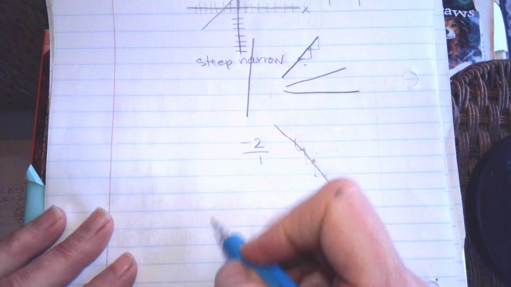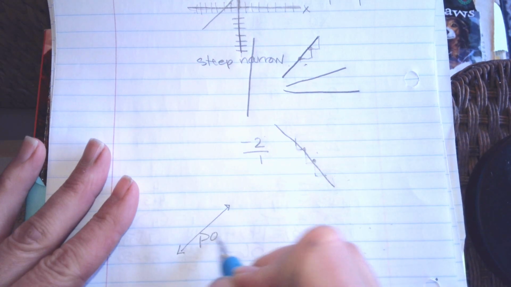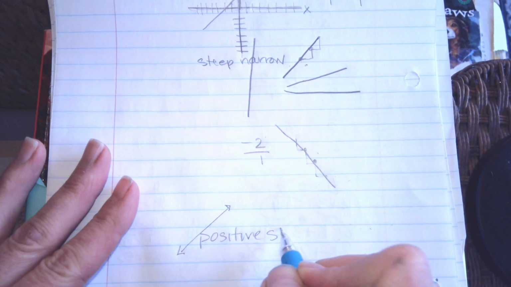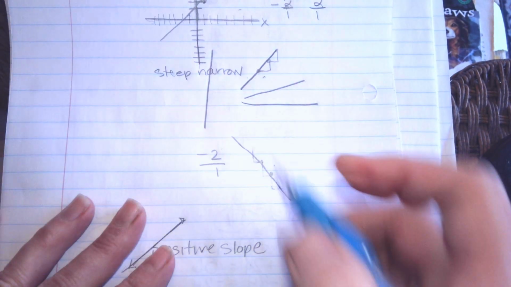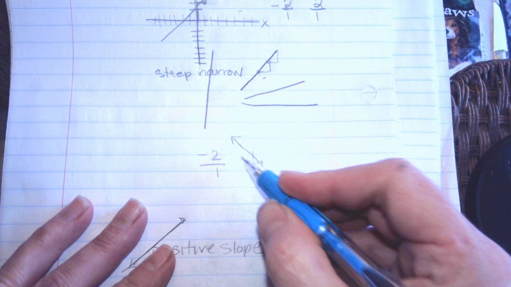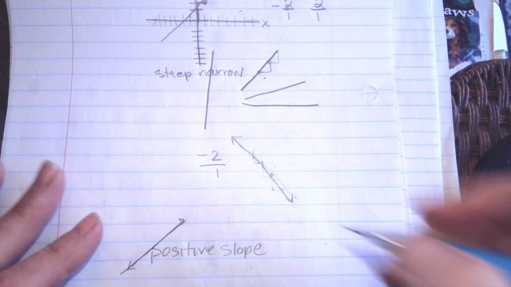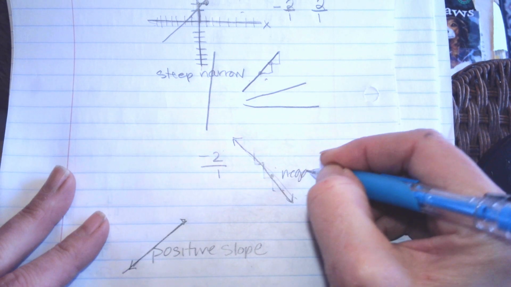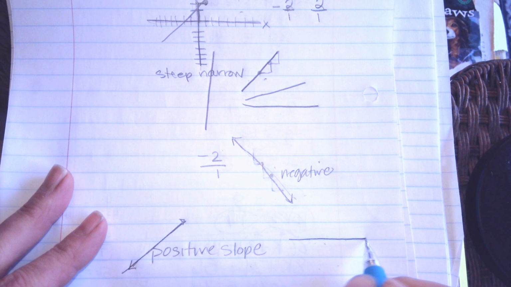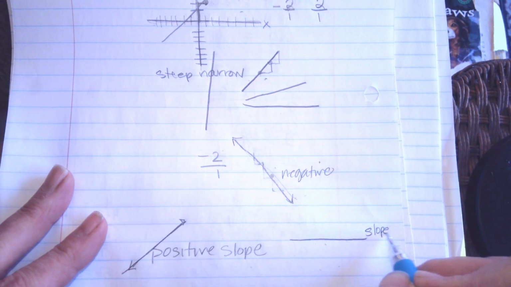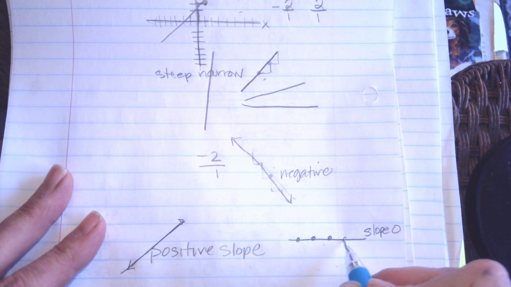And this one right here was a positive slope. That means it goes this direction. This one, because it goes this direction, which is the exact opposite, is called a negative slope. And then this one is a slope of 0. It just means that the line does not change.